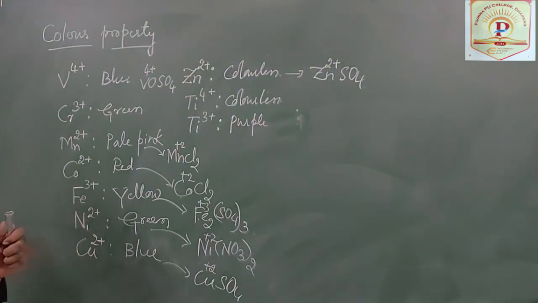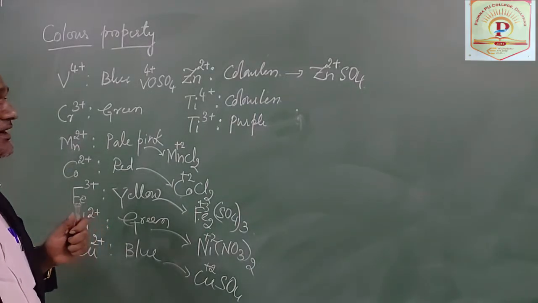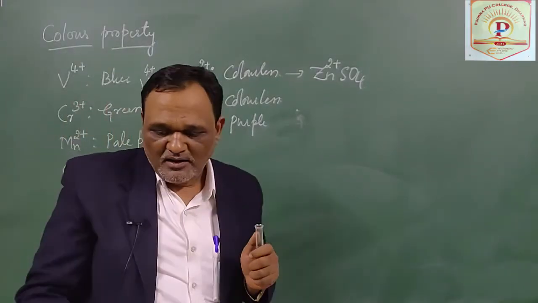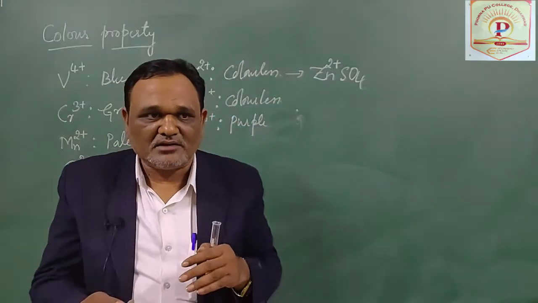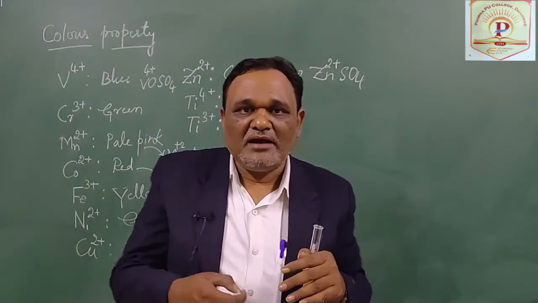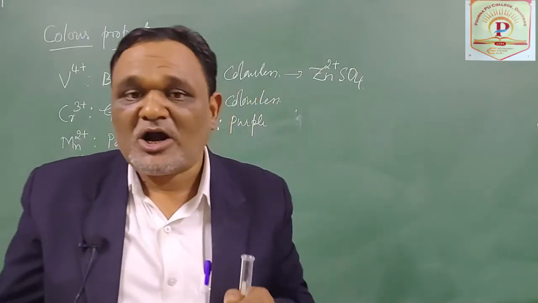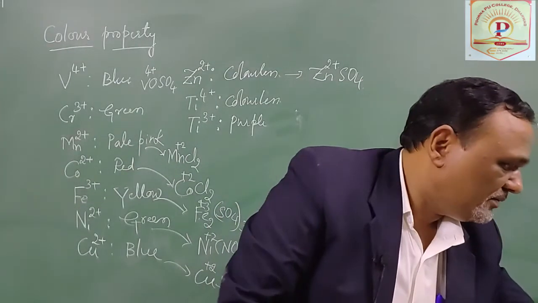So what are the reasons for showing this variety of colors when they are dissolved in water or in their hydrated condition? For that, I will do an experiment in order to make you understand the reason behind the color property. I am going to take copper sulfate in a petri dish, that is a china dish, and here I will make an arrangement.